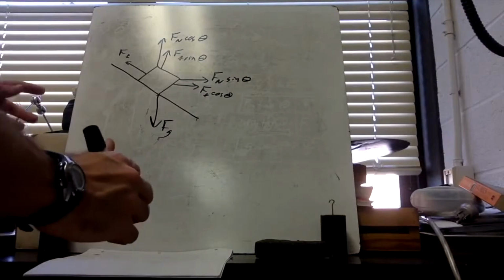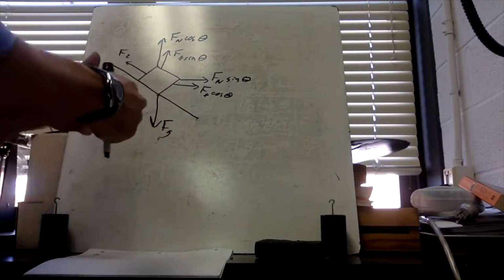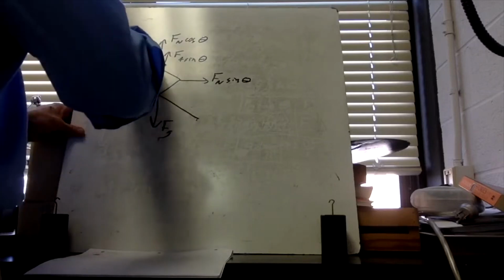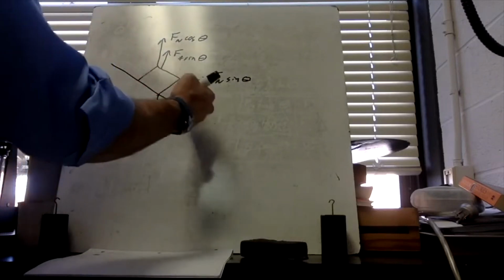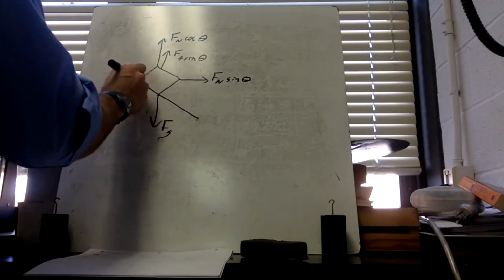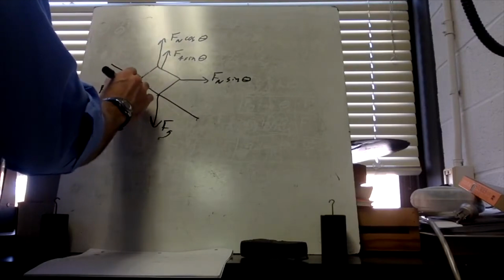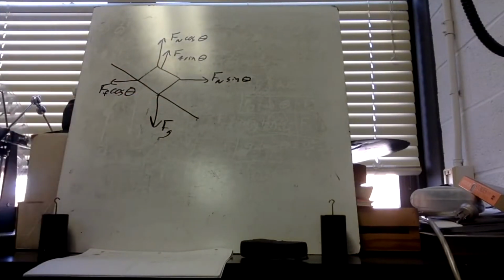But we're going to imagine here that it's on the verge of sliding down. That means it's going slow. Since it's going slow, friction is holding it up. So this is actually going to be Ff cosine theta that way.